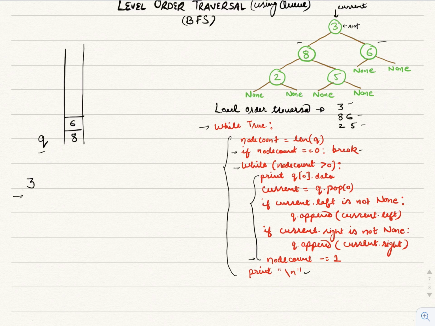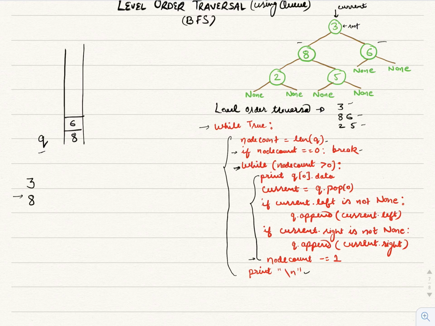Again this while true loop continues. Now the length of the queue is 2, so the node count will hold 2, the second condition will not be met, and we'll enter the next while condition. Here the node count is 2, which is greater than 0. We'll print the first element of the queue, which is 8, and it will get printed on the next line, this one.